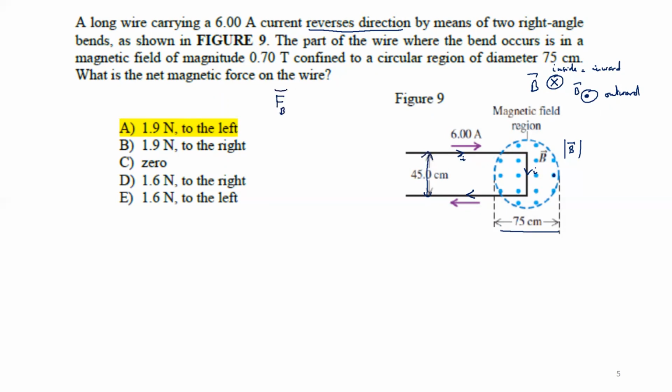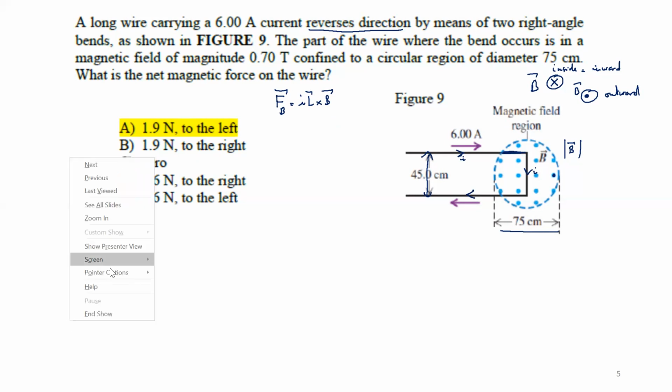Magnetic force, as we discussed, is I L cross B. Let me write it in red. So here I have some magnetic force.